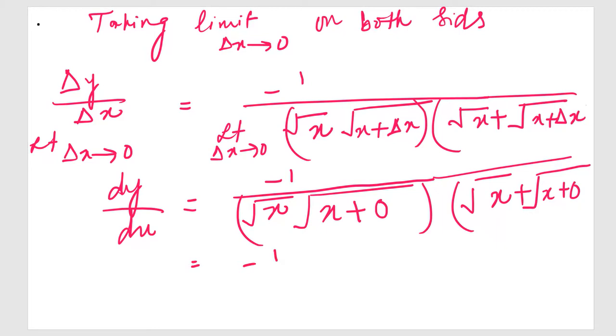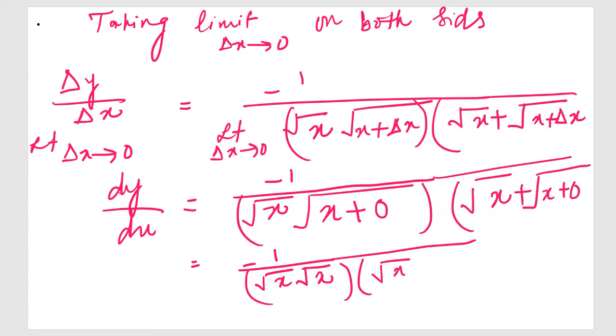So here is minus 1 over square root of x, square root of x, and here we have square root of x plus square root of x. See, this is a very important point. Here we have negative 1 in the numerator, but they are multiplying each other. So when they multiply, their powers add. Square root means half. Half plus half is equal to 1, so we can take only x like this.